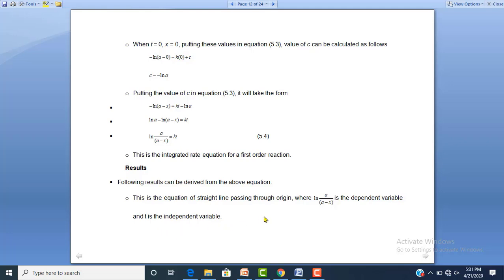Here are two types of variables, dependent and independent. And dear students, remember when you find out rate constant expression for the first order reaction, the natural log a over a minus x will be the dependent variable while time t will be the independent variable.